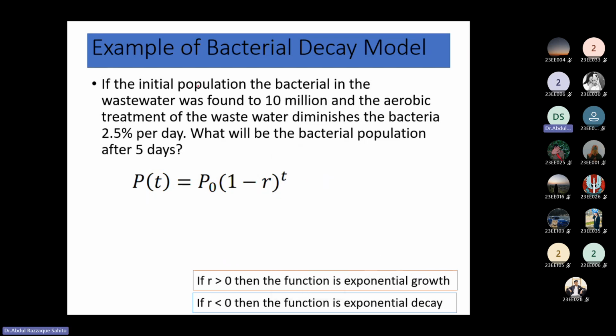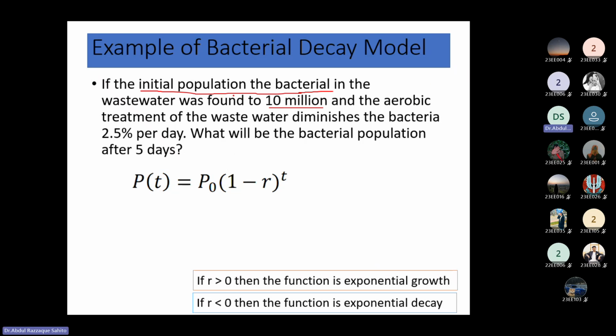Now let's talk about an exponential decay problem, one of the numericals. Let's say the initial population of bacteria, this time we have considered bacteria, not humans, in a wastewater was found to be 10 million. So P naught is 10 million.